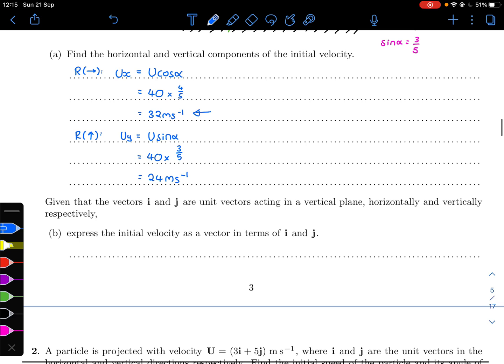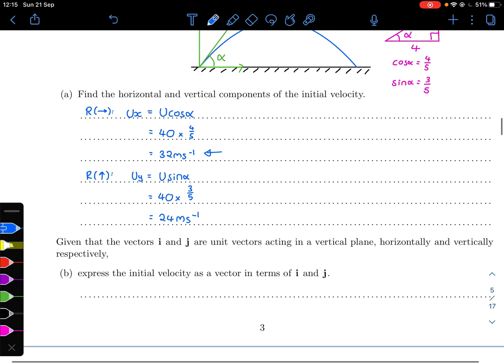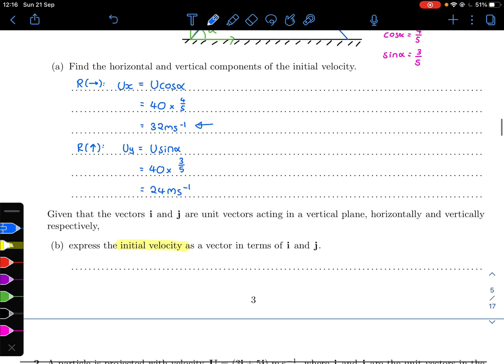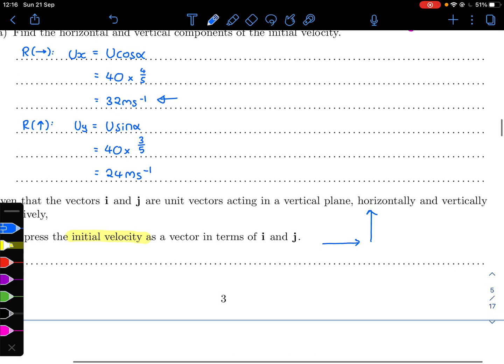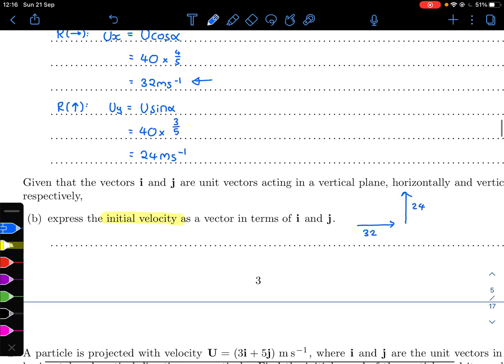And then just putting in a bit of vectors, given that i and j are the unit vectors, as they always are, horizontally and vertically, it's asking us to express the initial velocity, that 40 meters per second, as a vector instead. Well, we know that a vector is just defined as its i component plus its j component, and we've just worked those out. The i component has magnitude 32, the j component has magnitude 24.